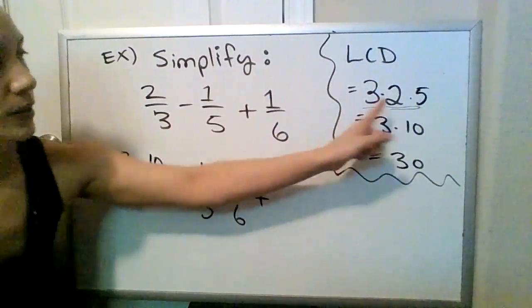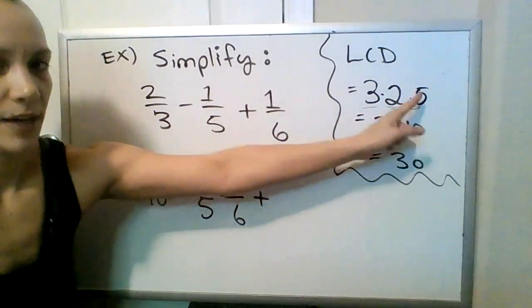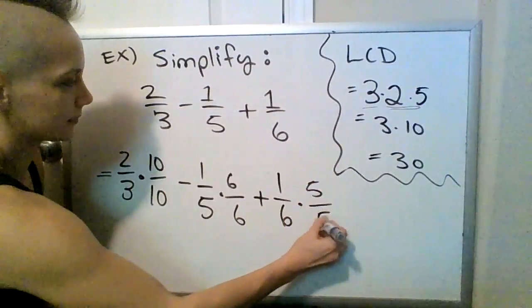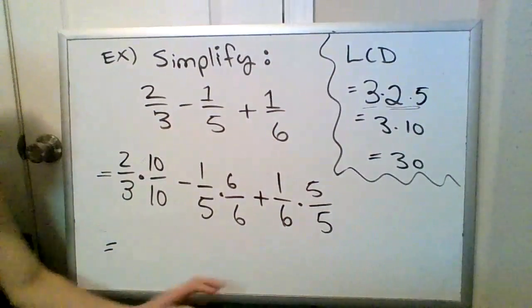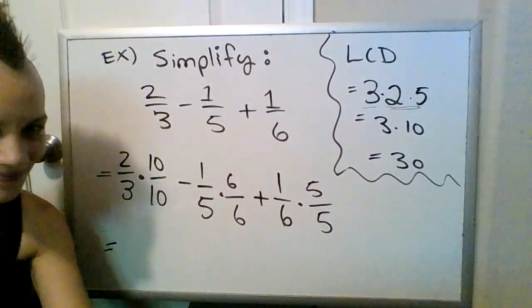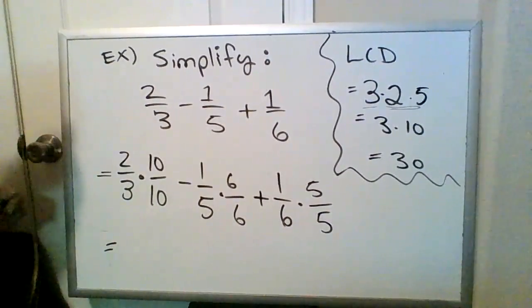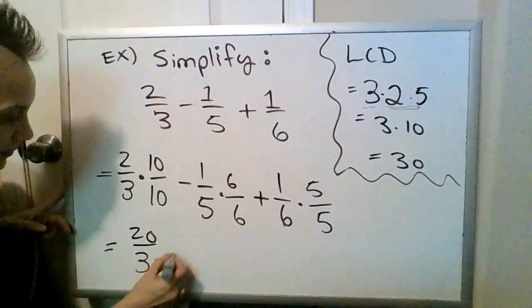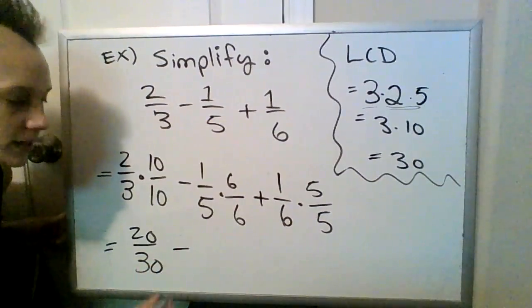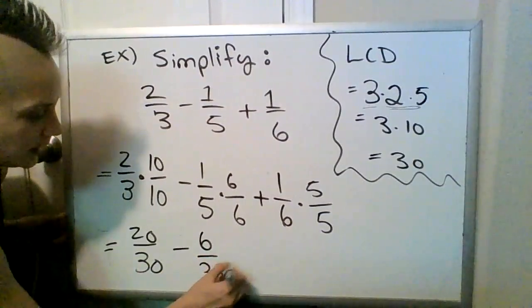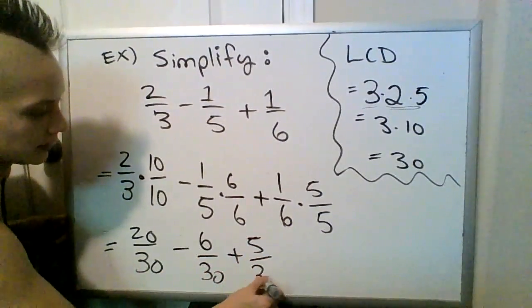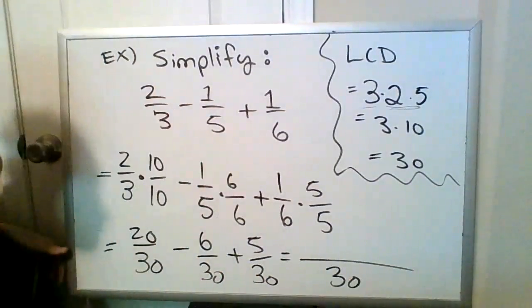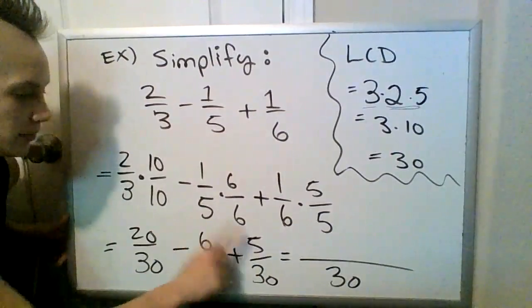And 1/6 had 2 and 3, but you need to multiply by 5 over 5. So 20/30 minus 6/30 over 30. There's 20 minus 6 plus 5.